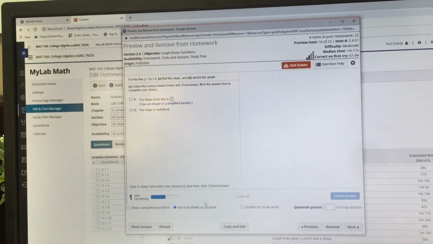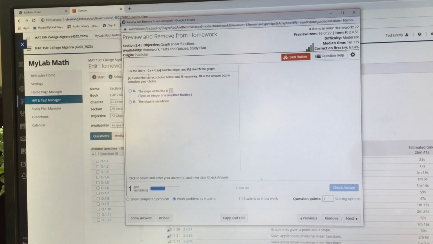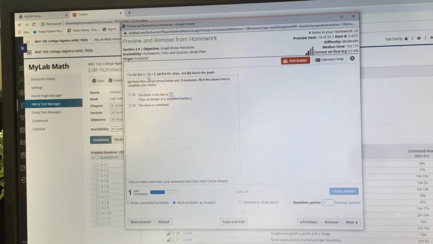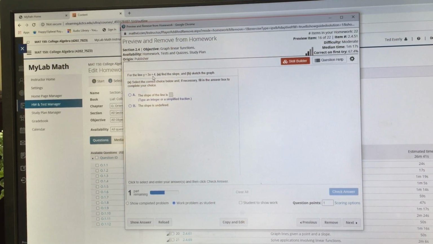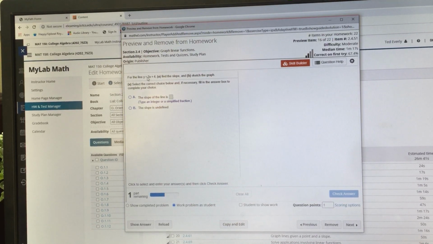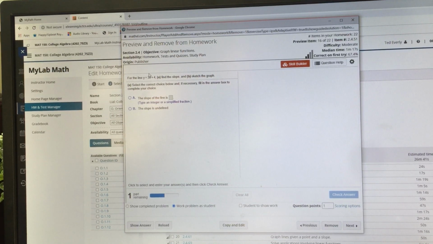All right, so on 16 now, it says, for the line y equals 3x plus 4, find the slope and sketch the graph. The slope, all right, this is slope-intercept form like we talked about right here. And this number right here, 3, is the slope, the number in front of the x, which is the coefficient. 3 is your slope. So right here, the slope is 3.